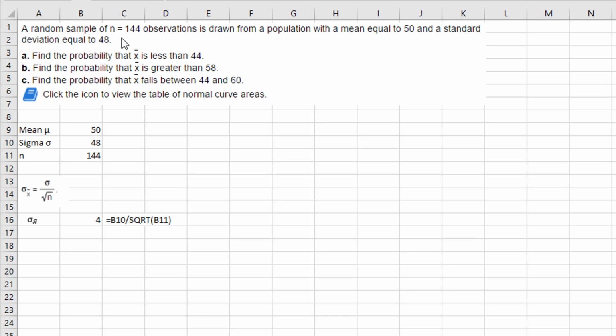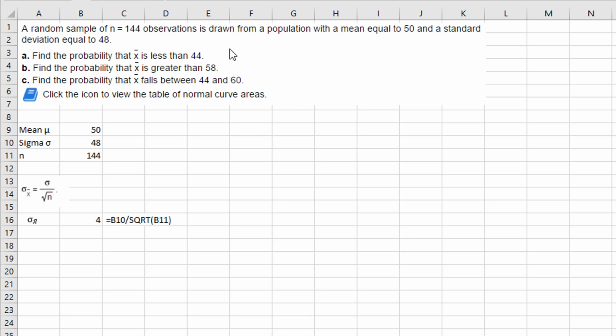And if we can use the Central Limit Theorem, remember it is not particular as to what the population distribution is really like. It doesn't have to be a normal distribution. The sampling distribution will be approximately normal. And so we can use the normal curve areas to solve these questions.